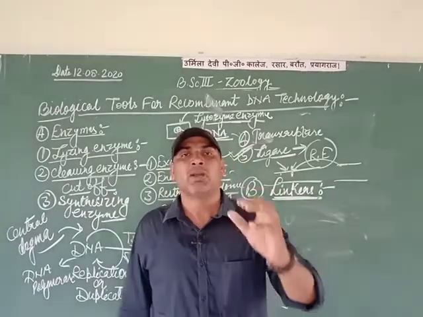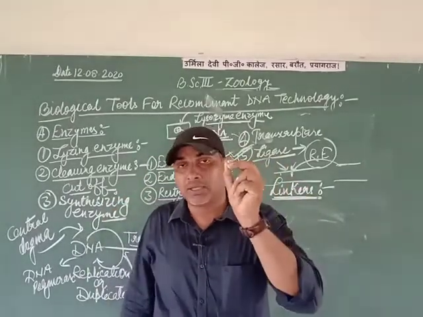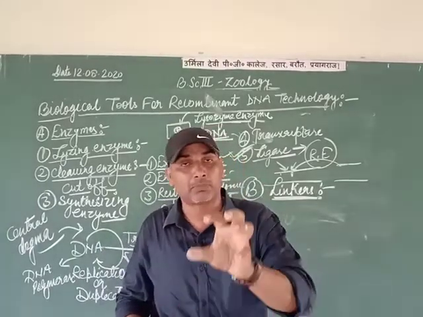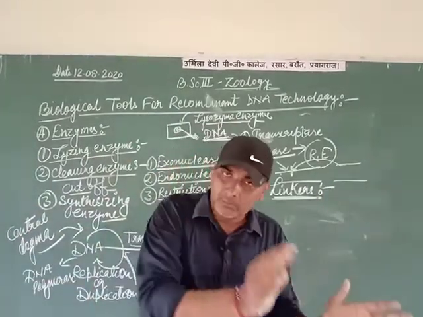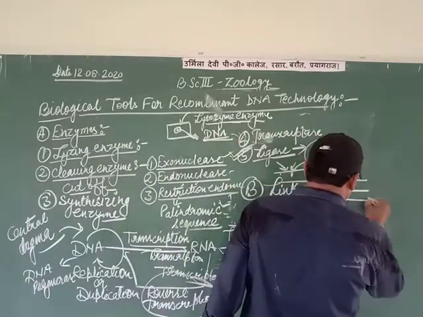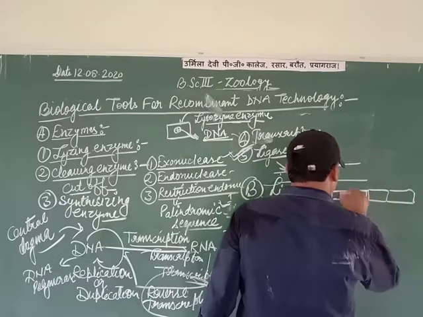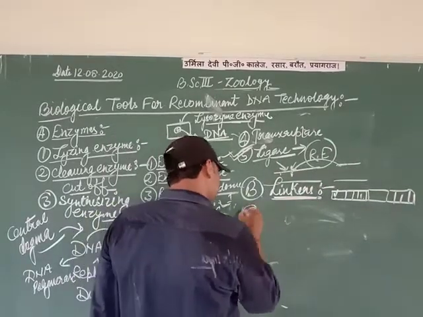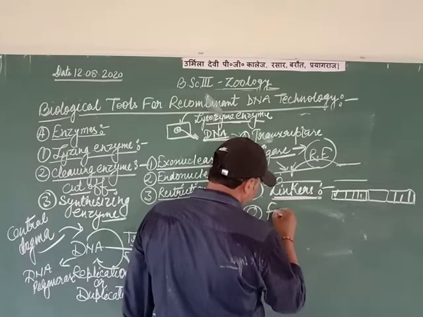Oligonucleotide sequences are used with the vector and the foreign DNA for the formation of the recombinant, on either side of the foreign DNA and the vector DNA. Linkers are oligonucleotide sequences. Next is foreign DNA.